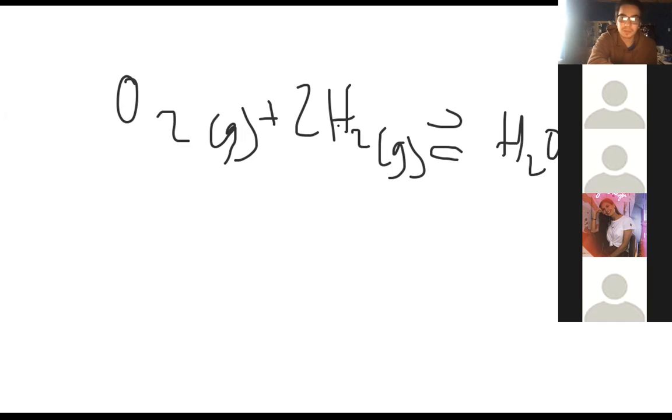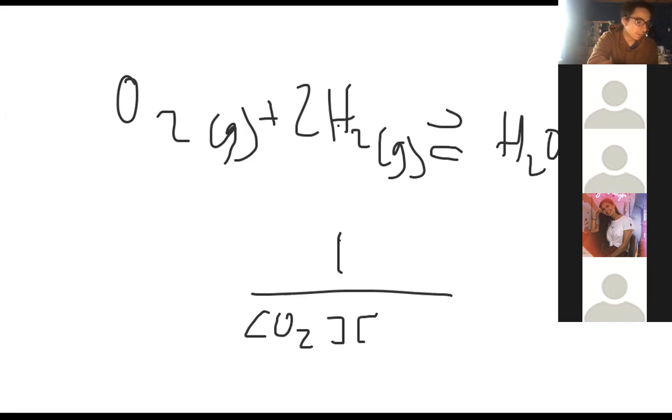But because we don't have any products that are in either the gaseous or the aqueous state, we'll just use a 1. So 1 over the concentration of O2 multiplied by the concentration of H2 raised to the second power. And that's how we would get that. Any questions on Kc so far?